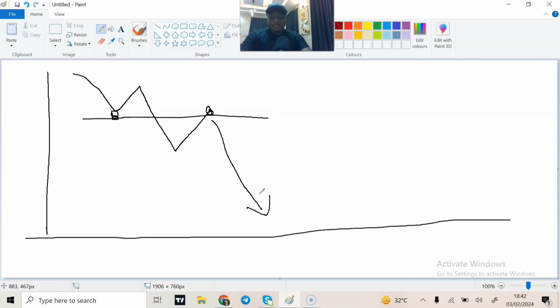Now, for instance, if the market decides to do something like this, moves up, down, up, down, up, down, at this point where the market is doing all of this, as far as my trading style is concerned, and as far as how I know by experience and by backtesting this market works, this market is still on a downtrend.